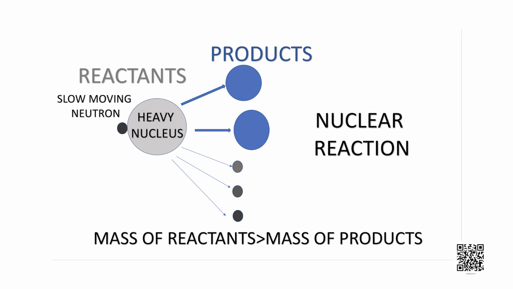In a process called nuclear fission, the nucleus of a heavy atom, such as uranium, is bombarded with a low energy neutron. And as a result of this reaction, the heavy nucleus splits into lighter nuclei and 3 more neutrons.